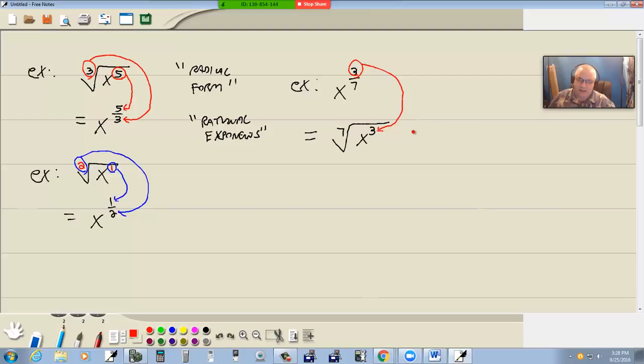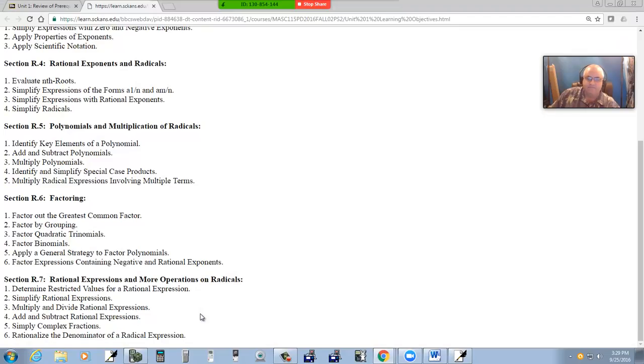Or we can see it can equally go on the outside of a set of radical. Then whatever number's in the denominator here, on the bottom, that's your index. That goes right here. So that would be the 7th root of x to the 3rd. We're going to find sometimes it's easier to put it back into fractional power form to solve problems. Sometimes it's easier to work with radicals. And this talks about simplifying radicals, evaluating nth roots, and so forth.